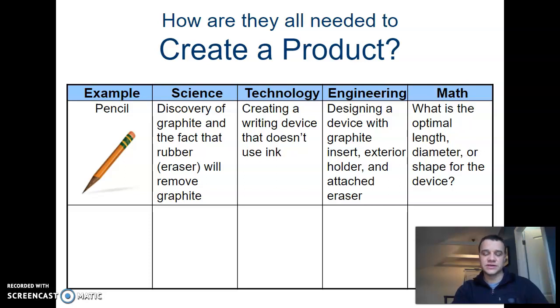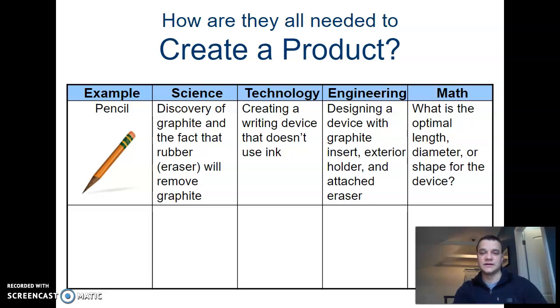Graphite in a pencil is actually combined with clay and baked or fired in a kiln, similar to a pot or something else that you might make out of clay in pottery. The rubber in the eraser is not the original eraser. Pencil erasers were originally breadcrumbs, kind of compressed and used to rub out the marks. And then rubber became evident as a useful method.